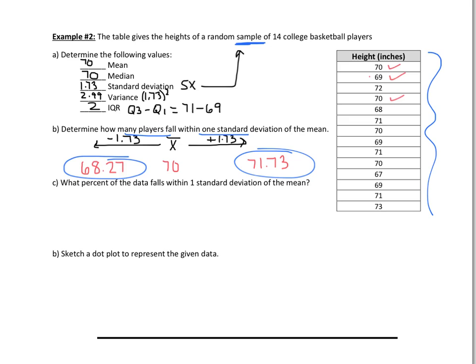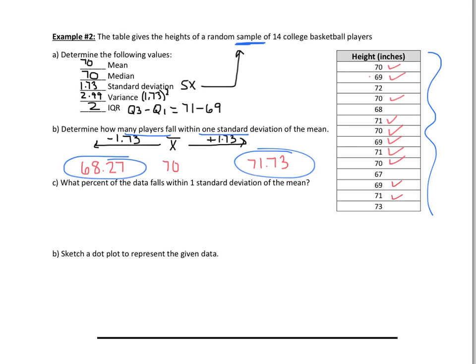How about 68? Well, the cutoff is 68.2, so 68 would actually be out here, so no. 71, yes, because it's 71.73. 70 works. 69 works. 71 works. 70. 67. Where does 67 fall? 67 is down here somewhere, so no. 69, yes. It would be in the middle.